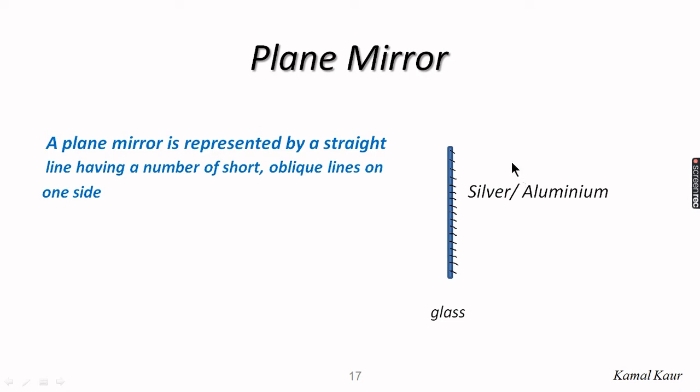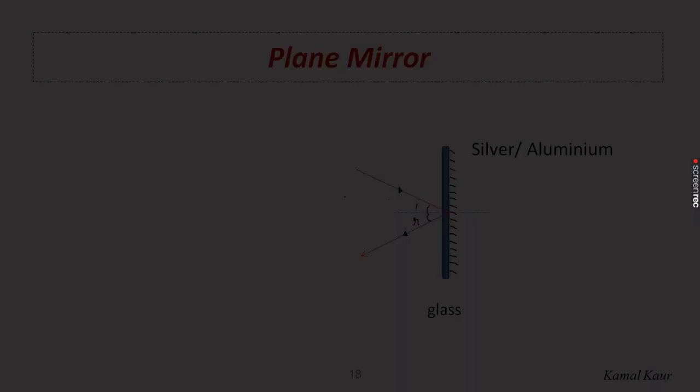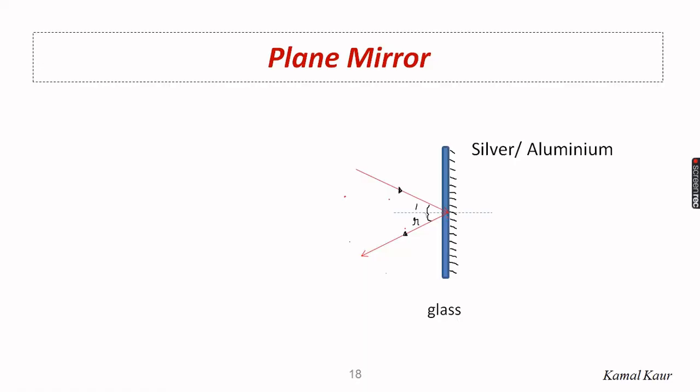If a ray of light falls on this mirror on this side, which we have painted with red paint, light will be reflected but the image will not be formed. And if the light ray is coming from this side, then the image will be formed inside this plane mirror. But notice one thing, that the light ray will not be reflected by this front surface of the glass or the mirror.